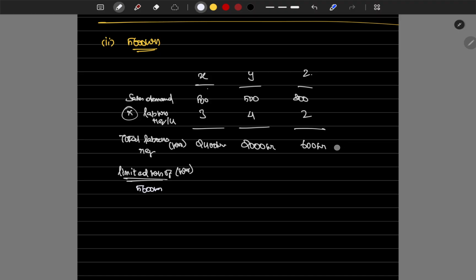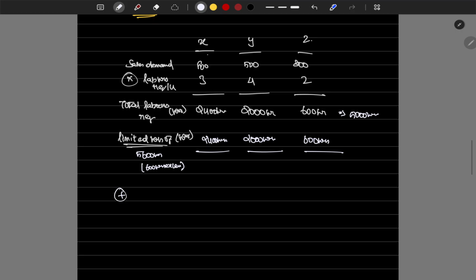The total demand, 2400 plus 2000 plus 600, comes to only 5000 hours. So we can satisfy all the demands, and here we have 600 hours excess over the requirement.